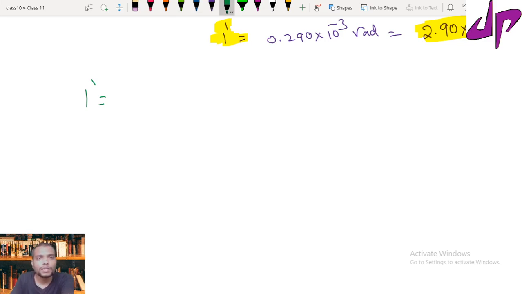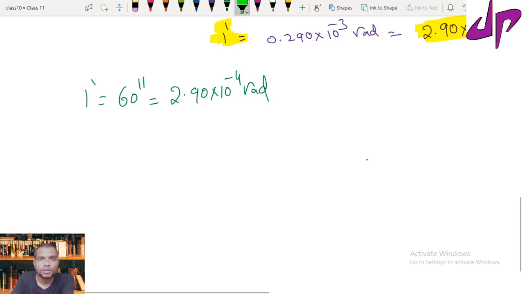So 1 minute equal to 60 seconds equal to, we know that 1 minute in terms of radians, I can take that as 2.90 times 10 power minus 4 radians. So this is 1 minute in terms of seconds and radians.